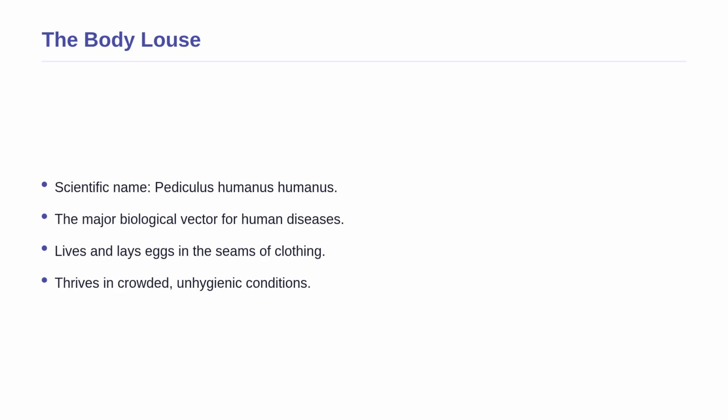Unlike head lice, the body louse lives and lays its eggs deep in the seams of clothing, only moving to the bare skin when it needs to take a blood meal. This specific behavior makes it highly transmissible in crowded, unhygienic conditions, such as refugee camps or trenches, where people simply cannot wash or change their clothes regularly.